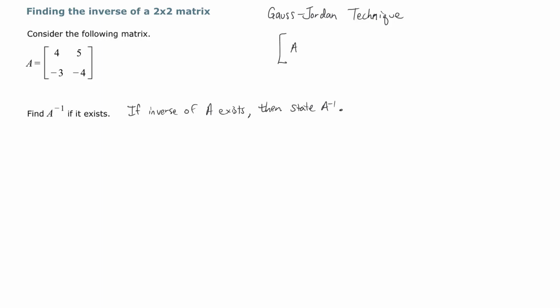You take your square matrix A, augment it with an n by n identity, then you perform a bunch of elementary row operations. And if you get an identity on the left and augmented with a matrix B over here, then the conclusion is that B is in fact the inverse of A.